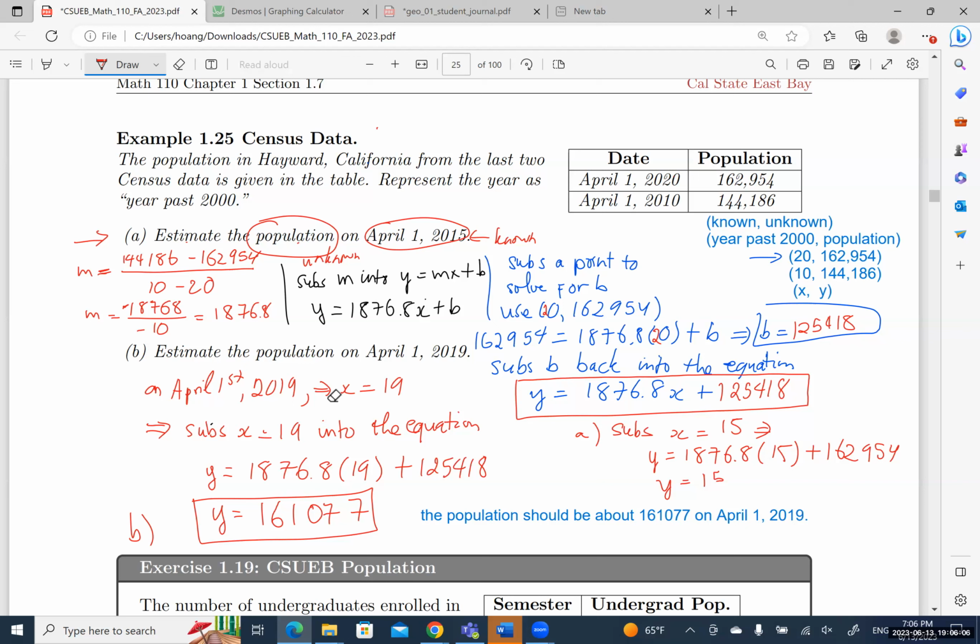So it's supposed to be 161,077 for part B. For part A, this should be 125,418, and you get 153,570. Okay, so that is for part A.